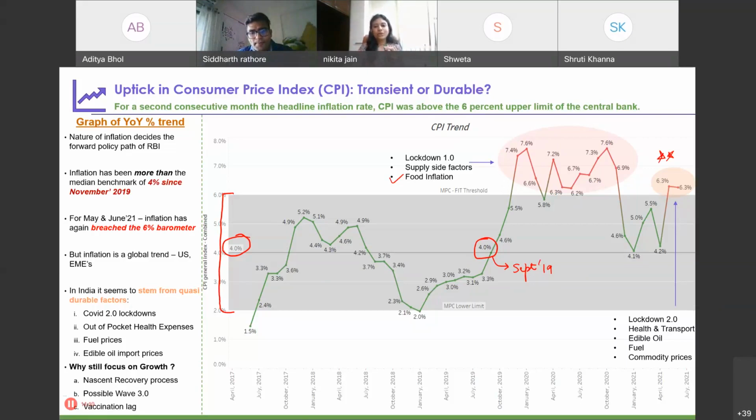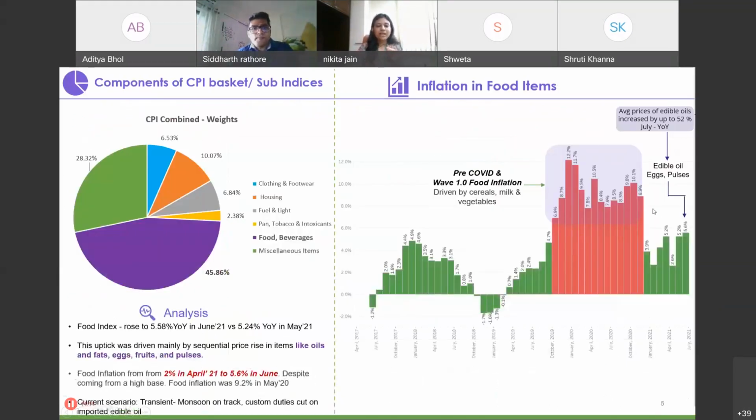So let's go on to the first sub-index within inflation, which is food. Around 45% of the inflation basket is food items, and here it becomes the most important part in determining what the inflation is going to be.